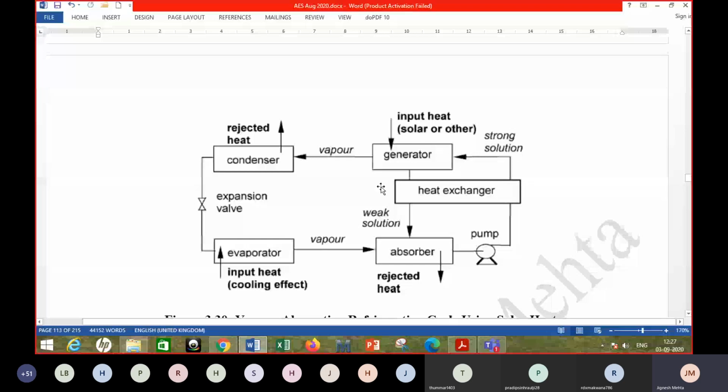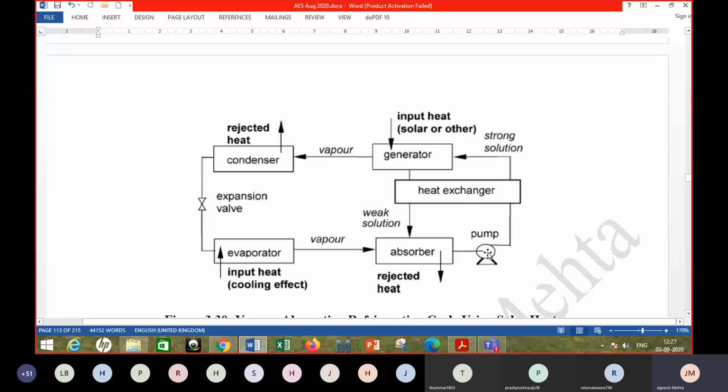So this is about the vapor absorption refrigeration system. We talked about this system only because it's a system where you can use heat as input energy, and that energy can come from a solar collector. Now you may ask, is pump energy needed? Yes, it needs electrical energy, but if you put a compressor, it compresses a gas which will consume much higher electricity as compared to a pump, right?